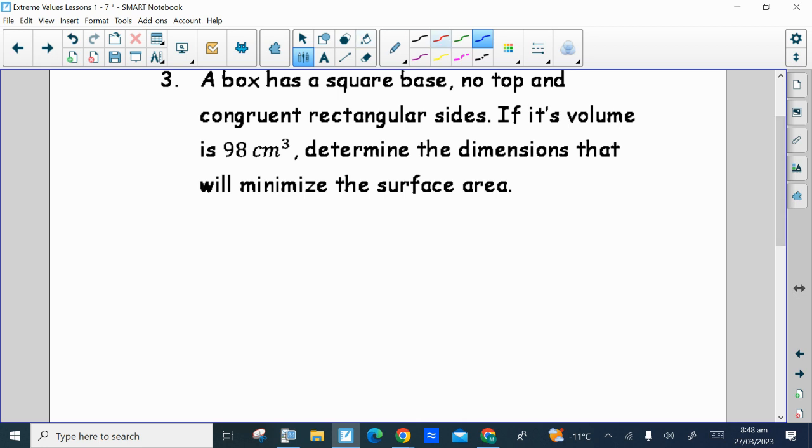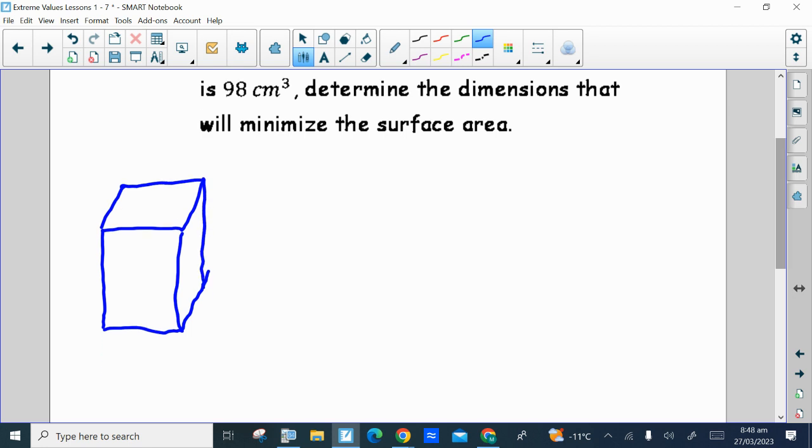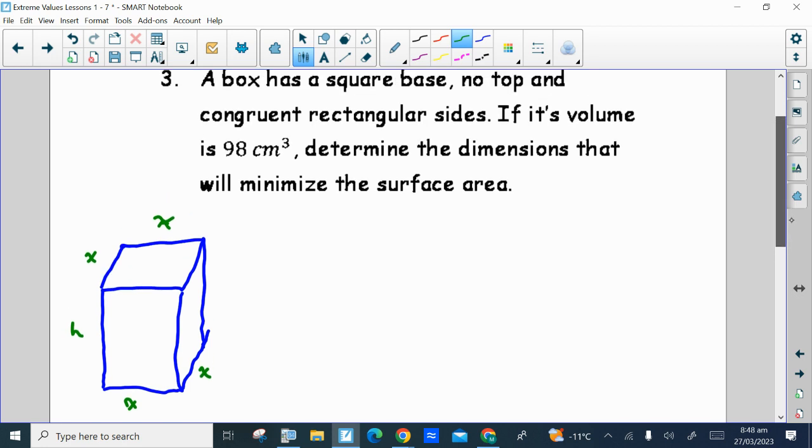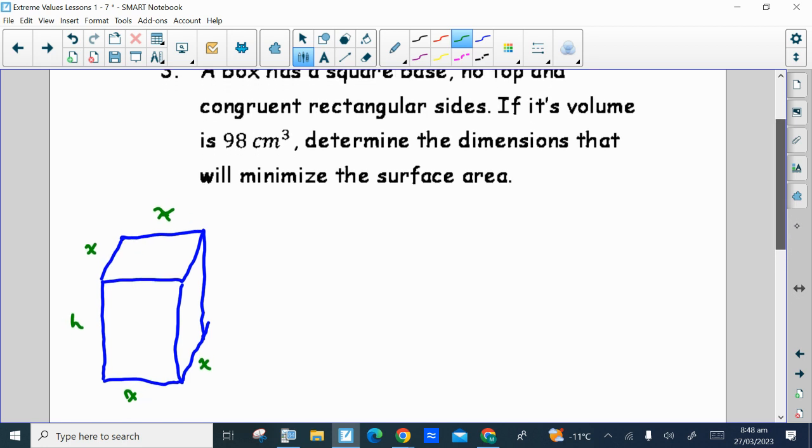So again, if we start by just drawing a diagram, and like we did before, we can say that the box measures x by x by h. But also in this case, you're given the volume.